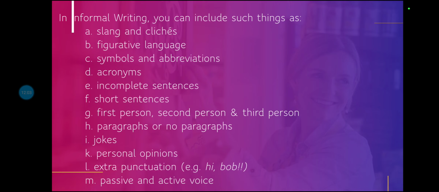And then symbols and abbreviations, acronyms, incomplete sentences, because they are personal, short sentences, first person, second person, third person, we could use just any, paragraphs or no paragraphs at all, because of course we cannot really do that when it comes to phone text.